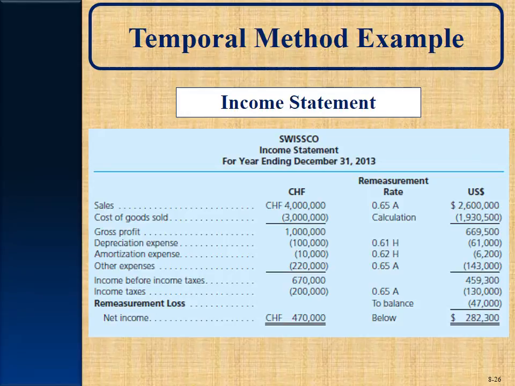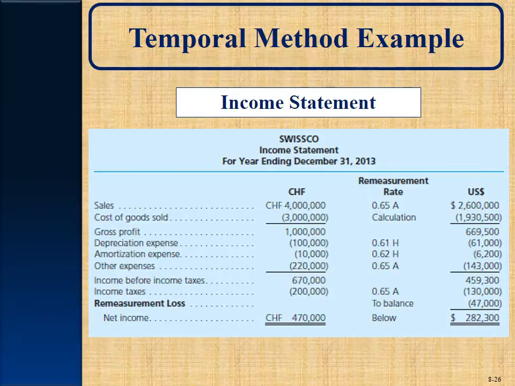They do a detailed computation of that on page 385 to show you how it really is 47,000, by converting monetary assets and the other assets involved and comparing them to, if we just took all the net monetary assets of $520,000 in francs, converted them at the current rate on December 31st, 2013, it would have been 364,000.